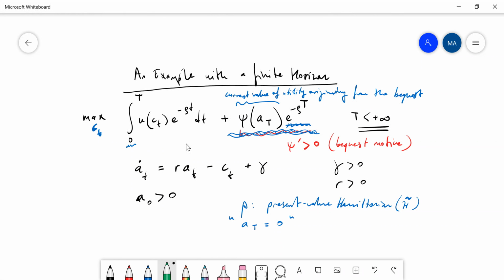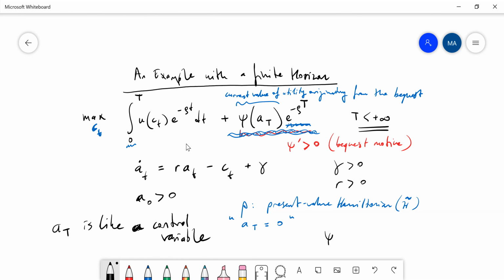You may imagine that A_T itself is like a control variable now, because it has a return. What's the return?